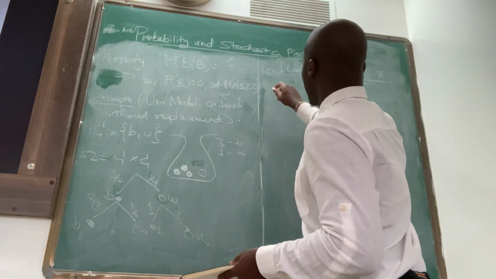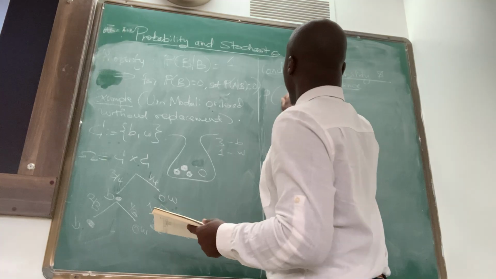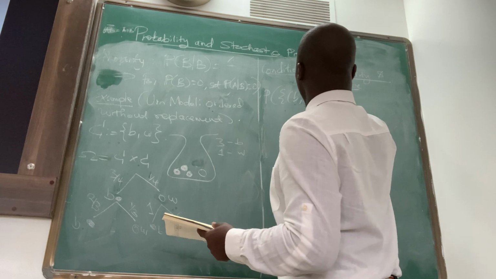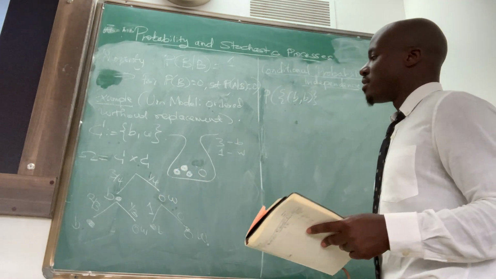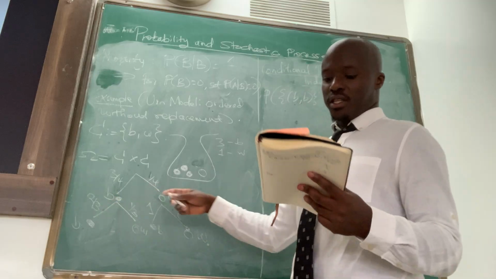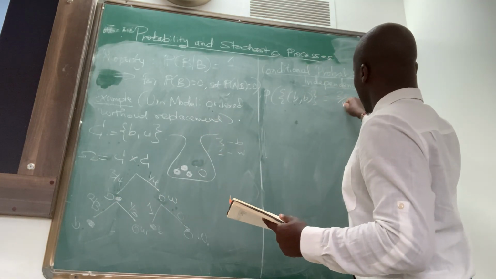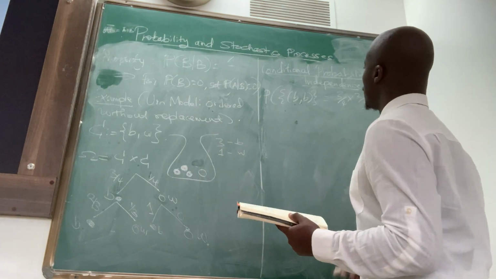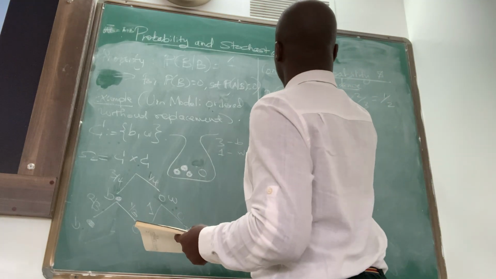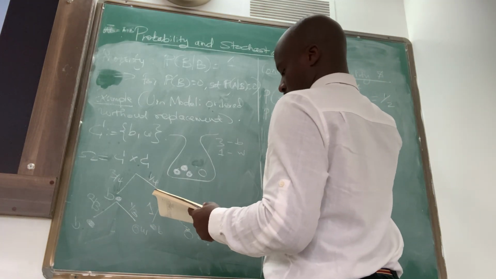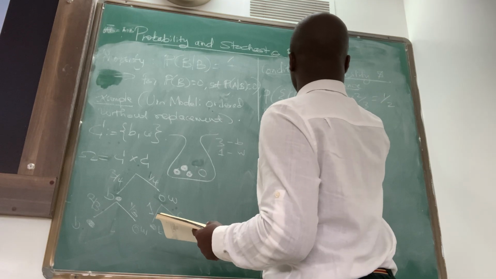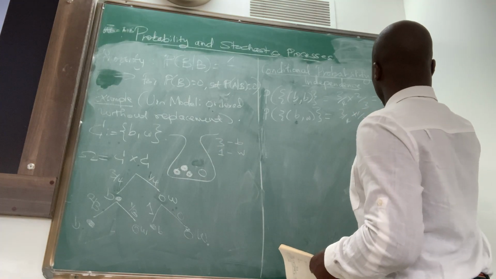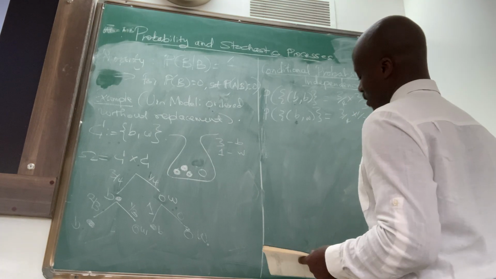Actually, there are many probabilities you could calculate here, so I'm just going to use P. The probability that you get a black ball and a black ball for the 2 picks is just going to be 3/4 times 2/3, which is 1/2. Then the probability that you pick a black ball and then a white ball the second time is 3/4 times 1/3, and that is 1/4.